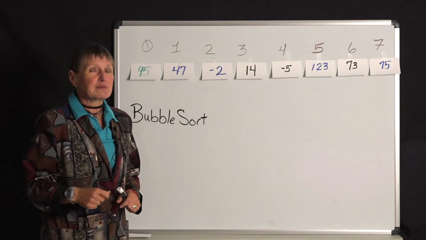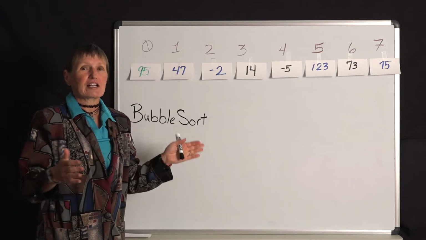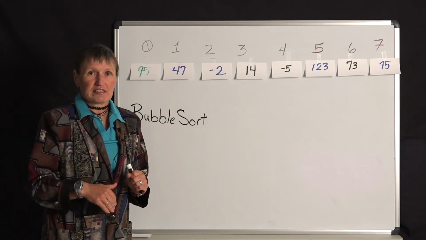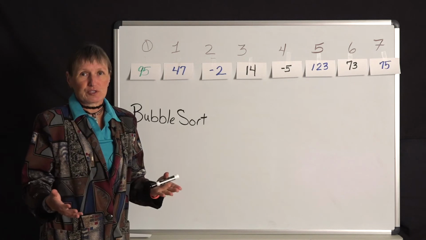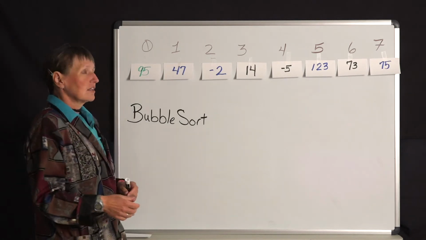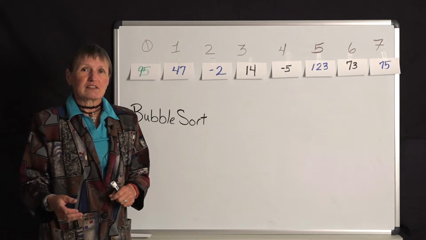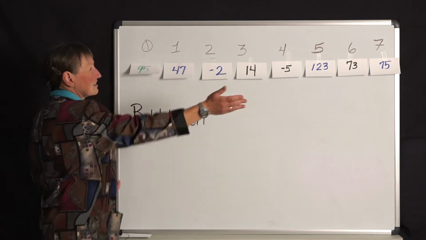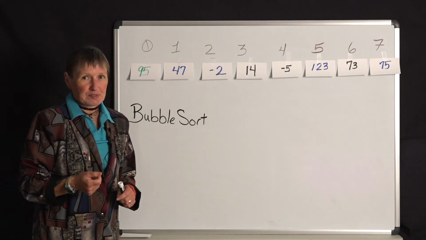Now, I'm going to demonstrate how it would actually work with the bubble sort technique, which is the first one we're going to talk about. With bubble sort, unlike us, it cannot see the entire list at the same time.